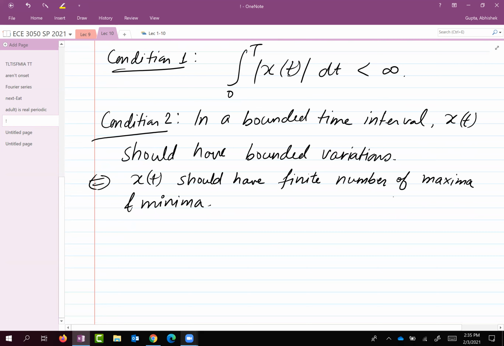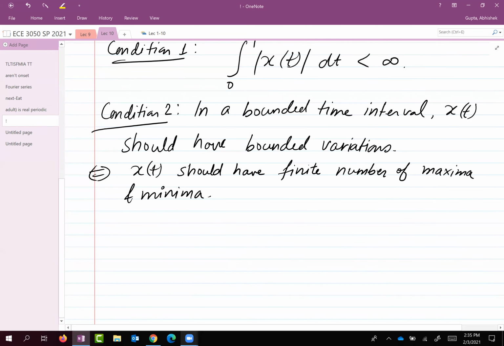You can't have an extremely zigzag x of t with an infinite number of maxima or minima in a bounded time interval. Those types of signals are discarded. Of course, in the real world you don't really see such signals, so it doesn't create any problem for us, because we are looking at engineering systems, not mathematical systems.